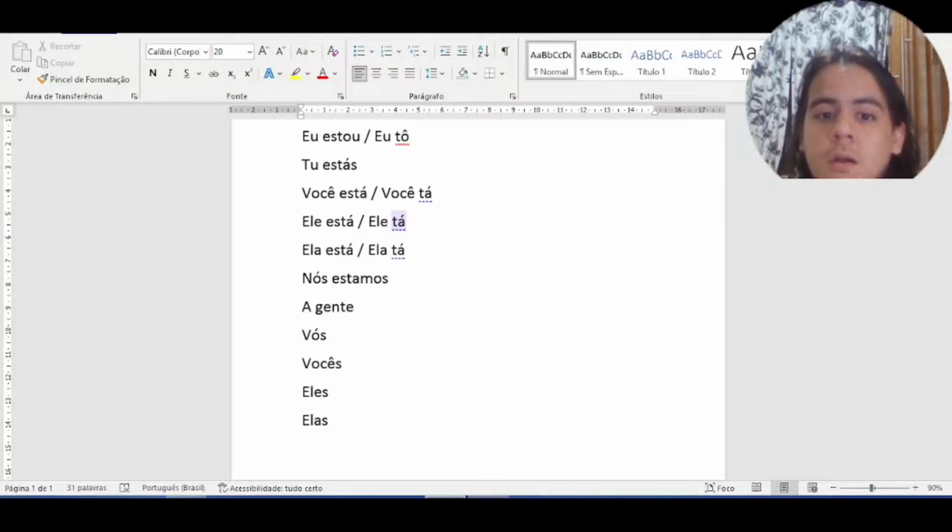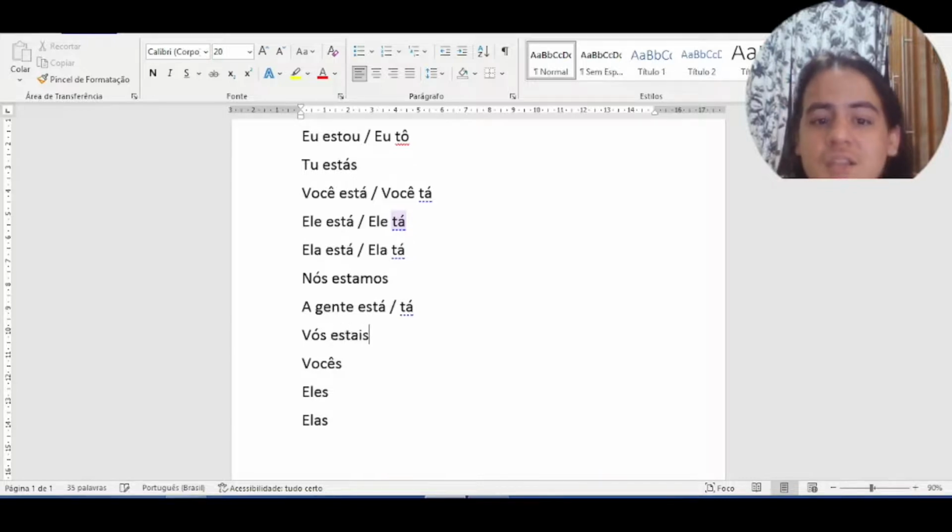We are. Or a gente está. They both mean we are. So we are at home. Nós estamos em casa. Or a gente está em casa. And está, we can say tá, and it's more common. A gente tá em casa.